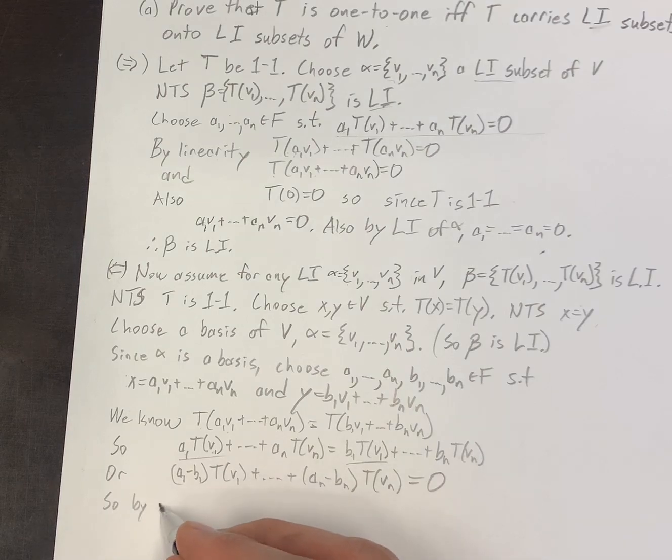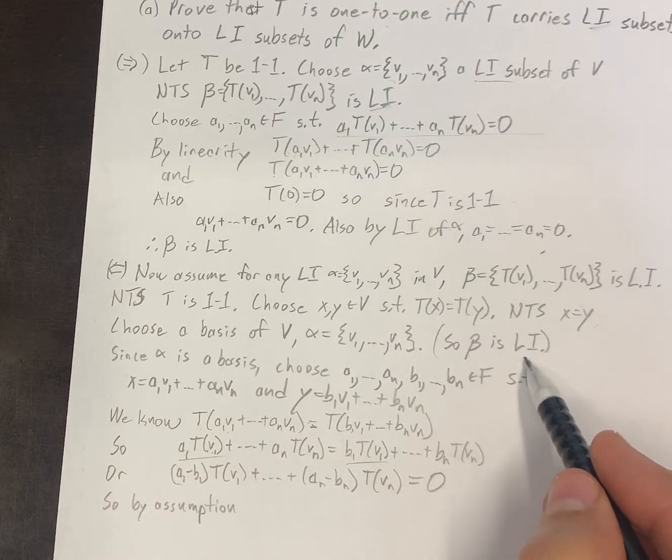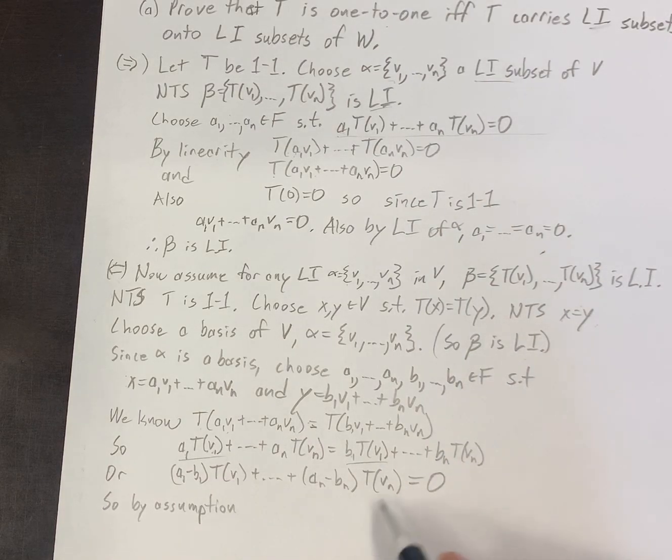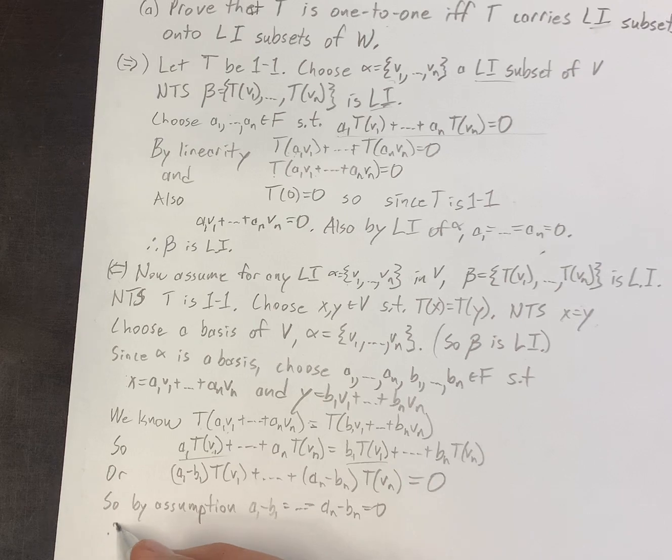So by assumption, remember we knew we were going to come back to this, the betas are linearly independent. This is the set of the betas. So a1 minus b1 equals 0, as do all the others, an minus bn equals 0. Well, if those differences equal 0, that means a1 equals b1 out to an equals bn.